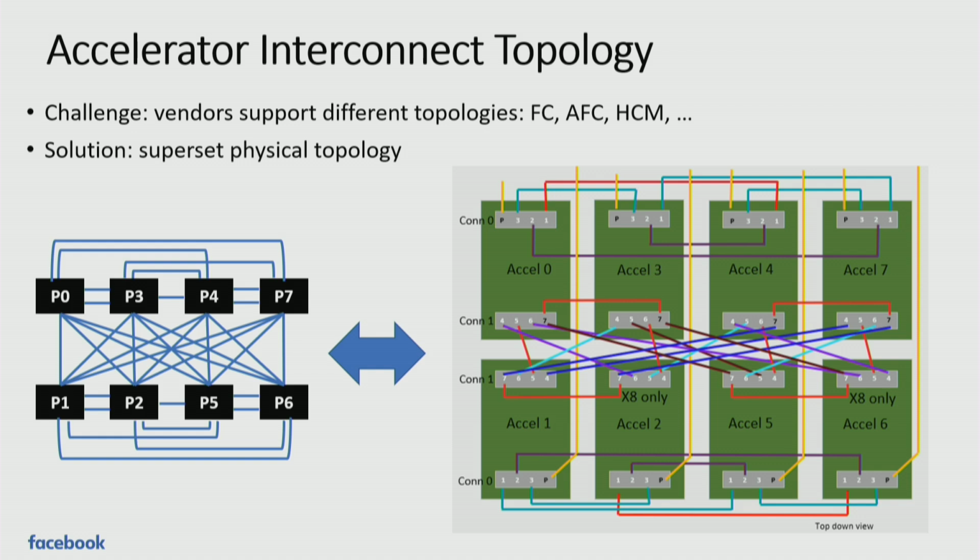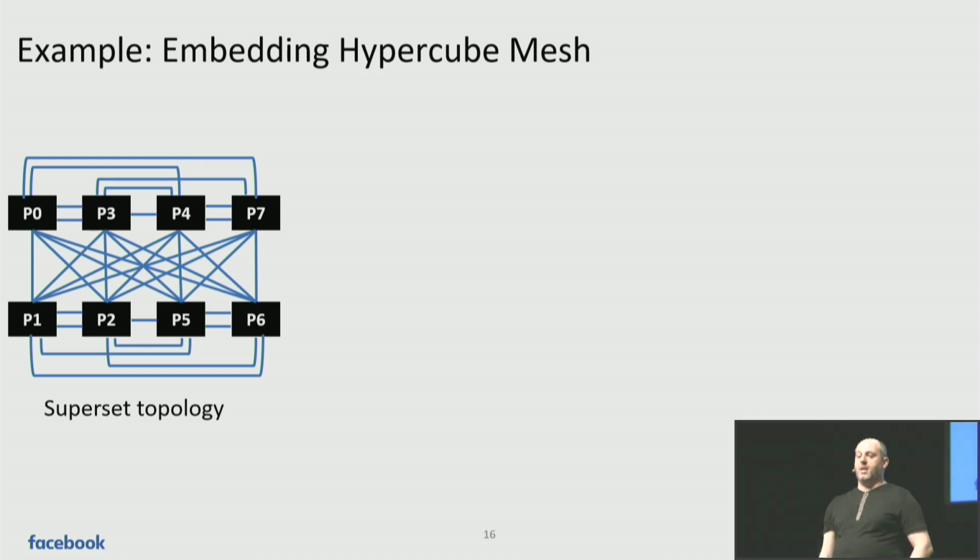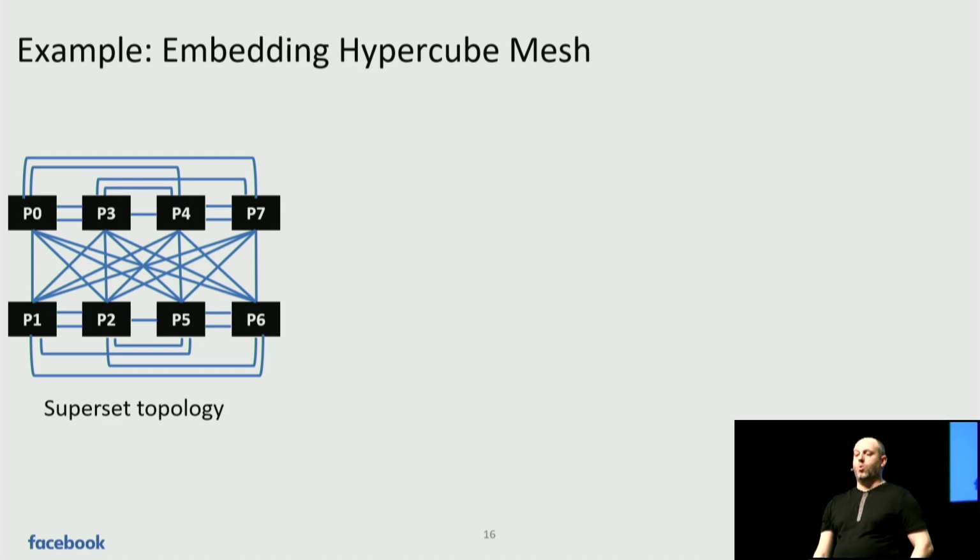So effectively, we created what we call the superset topology, which is basically a fully connected topology with some extra links that effectively is able to accommodate all other topologies. As an example here, let's say we want to be able to accommodate a vendor that has embedded the hypercube mesh.